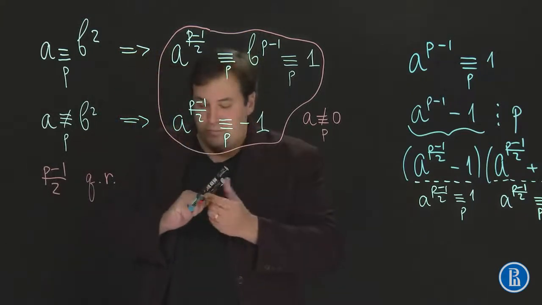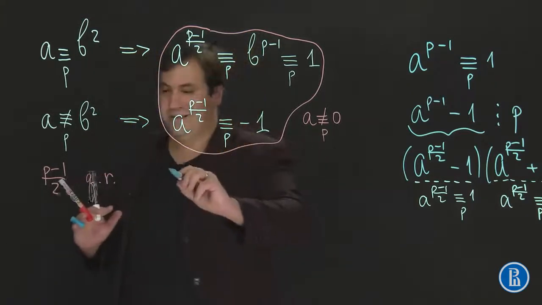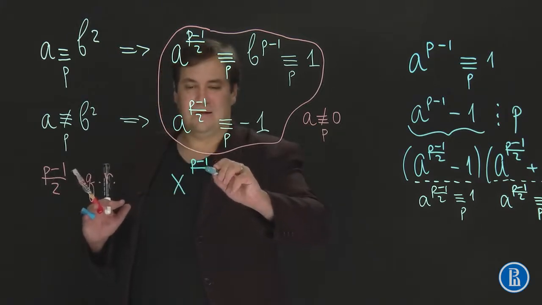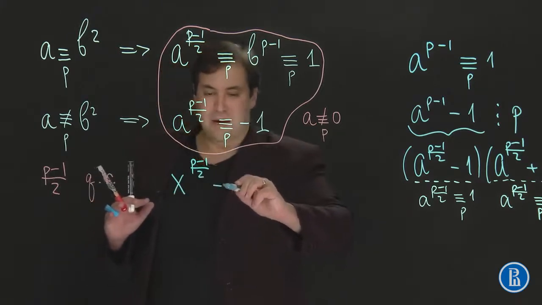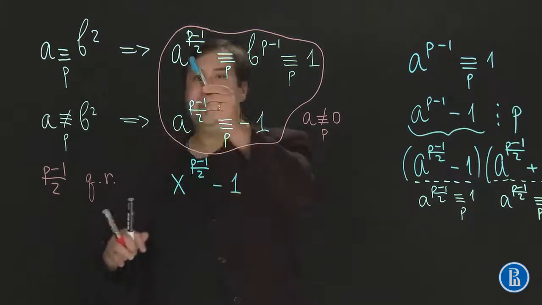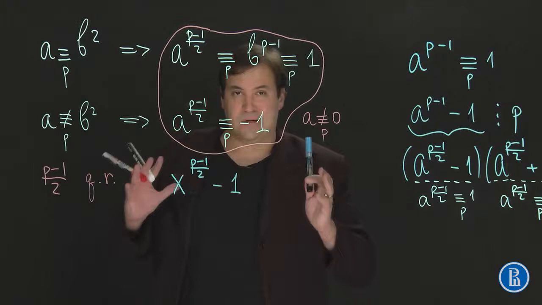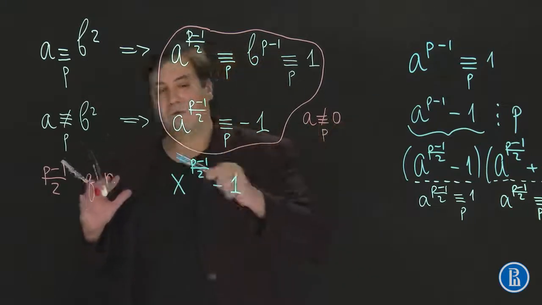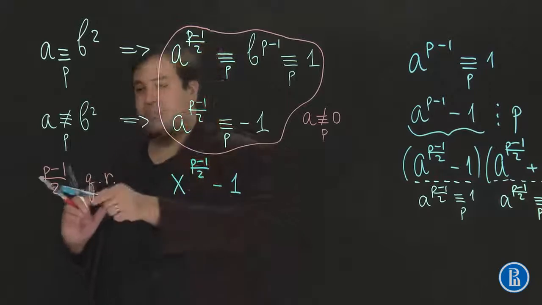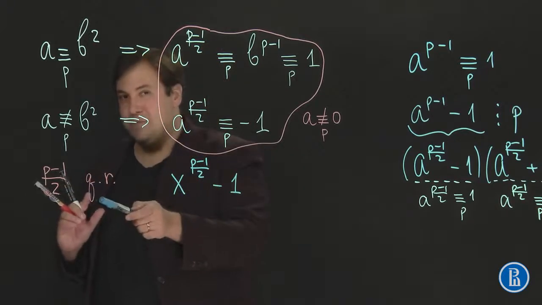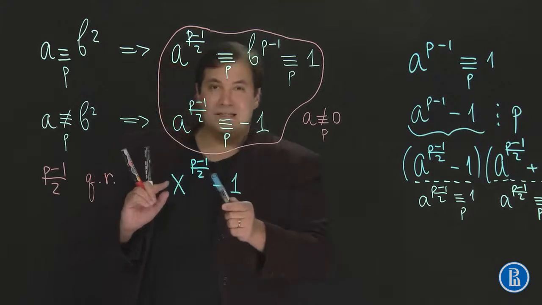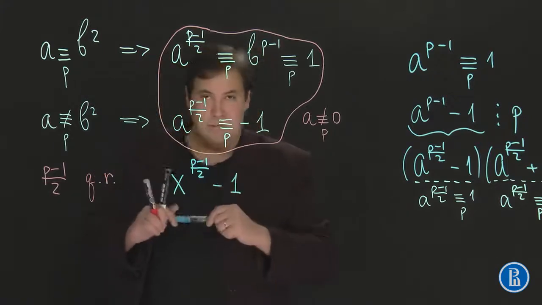And consider the polynomial x to the power (P minus 1) over 2 minus 1. It says here that every quadratic remainder is a zero of this polynomial. However, there are exactly (P minus 1) over 2 quadratic remainders, and the very same number is equal to the degree of this polynomial.